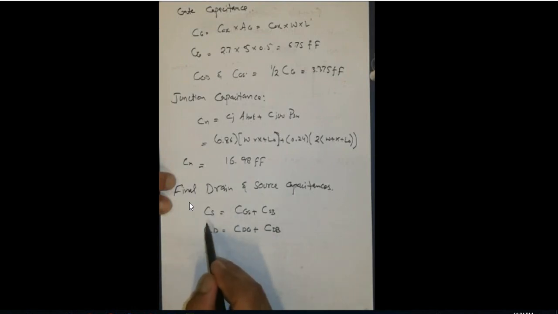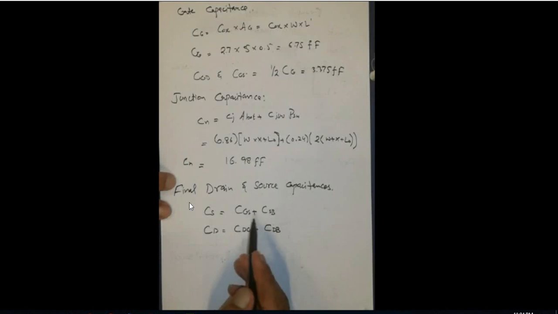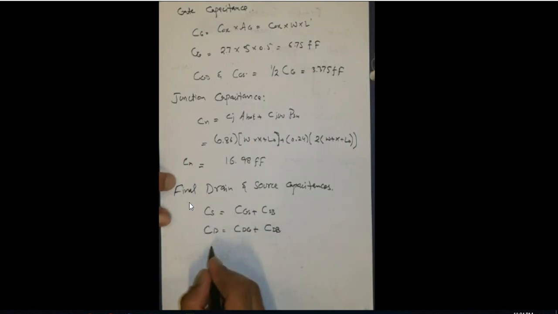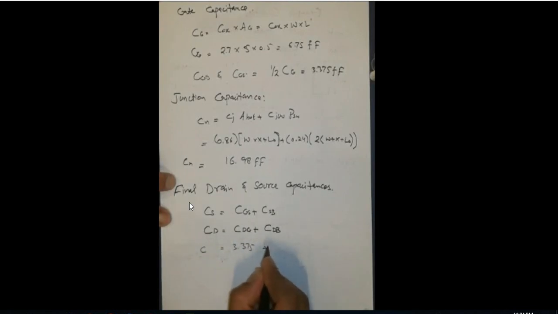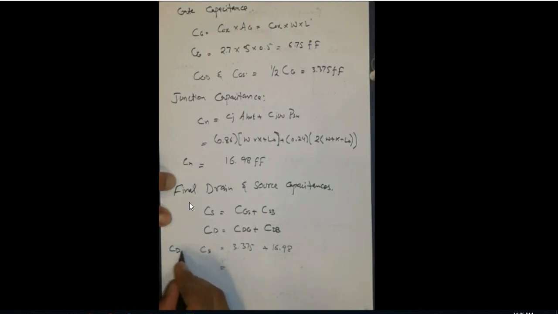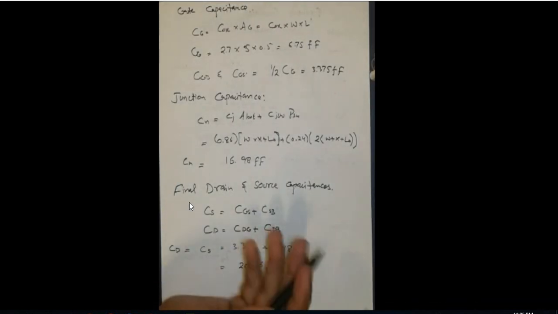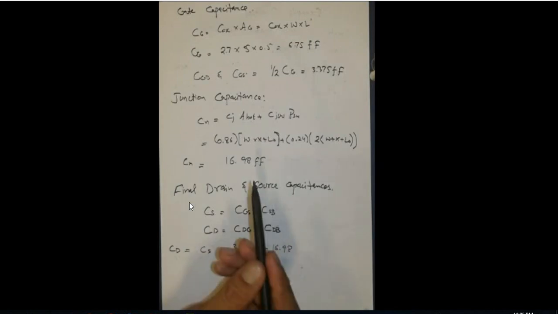We know that these two capacitances are equal. If these two capacitances are equal and we know these two values are also equal, then we can put the values here and we can find the values of CS or CD. So CS or CD is equal to 3.375 plus 16.98, which is equal to 20.36 femtofarad.